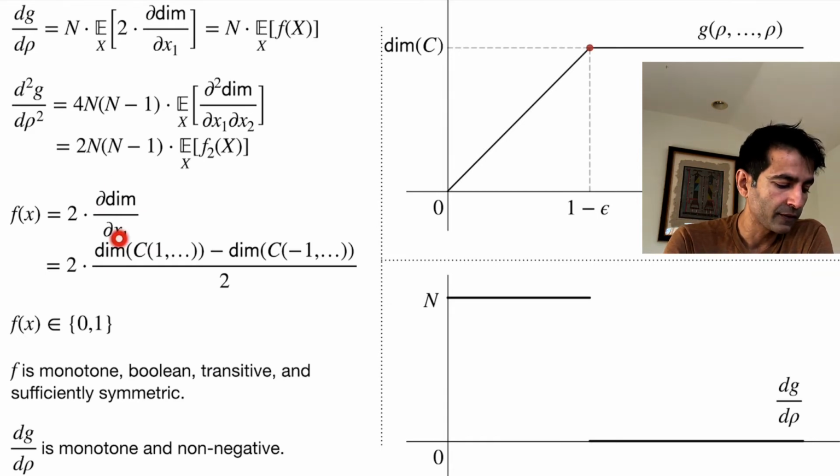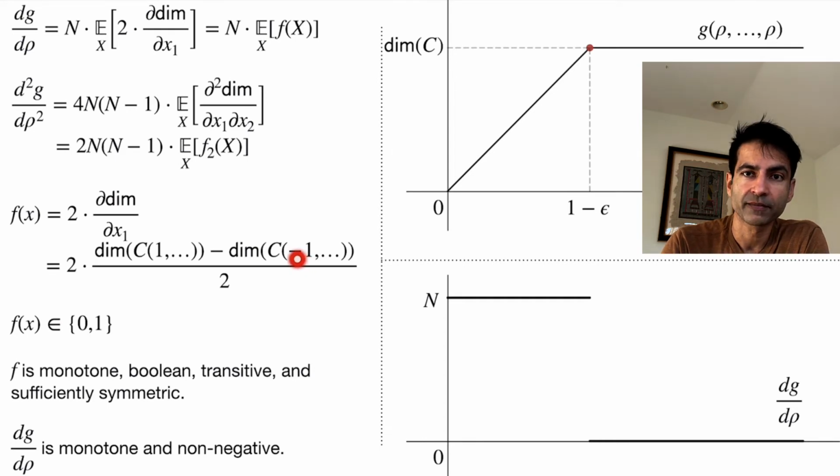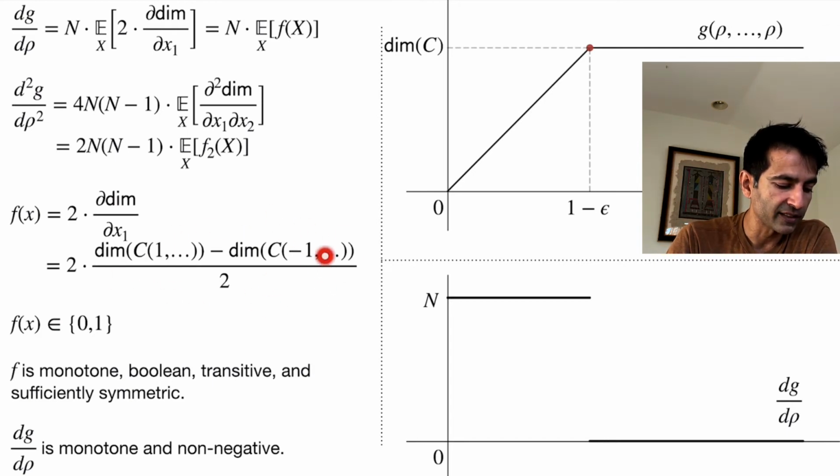The partial derivative of this polynomial with respect to x1 is the same as evaluating the function when you plug in 1 for x1 minus evaluating the polynomial when you plug in -1, and then dividing the difference by 2. Okay. So this polynomial here is exactly the partial derivative of this polynomial with respect to x1.